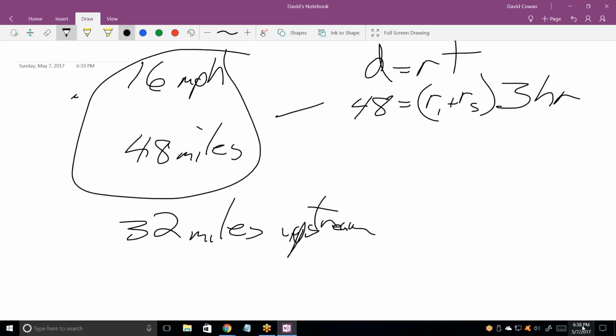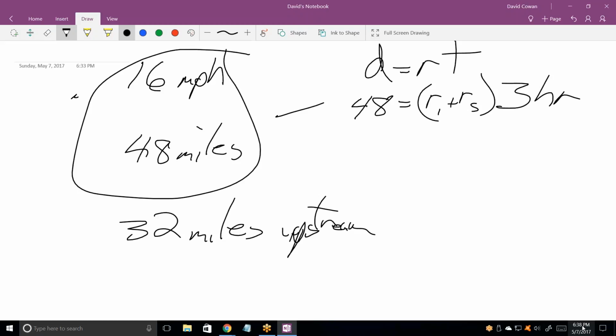downstream. No, the 48 equals the rate that he's traveling when he's going downstream. And when you're going downstream, you're going at whatever rate the boat would be going on its own, plus the rate of the stream. Let's say you had a boat that would go 30 miles per hour, but you're in a stream that goes 10 miles an hour.